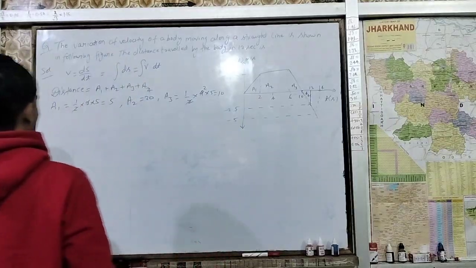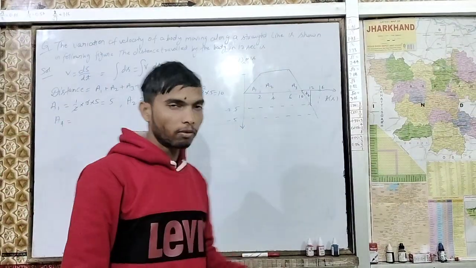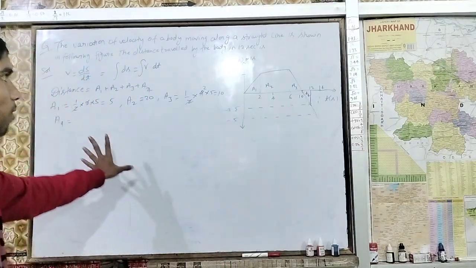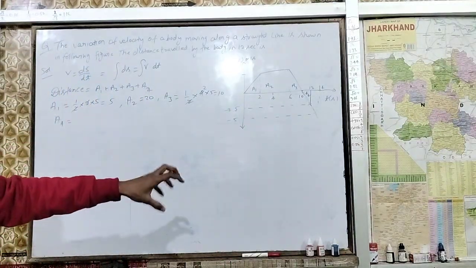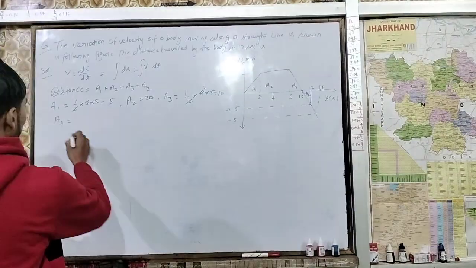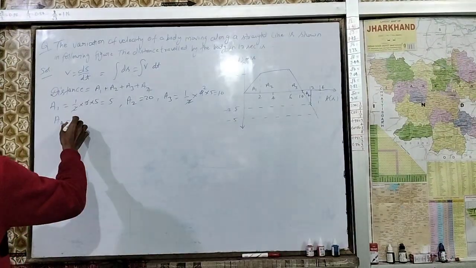A3 is a 10. A4 will be... We are calculating A1, A2, A3, A4. Then at the end we will take all this together. So A4 is again a triangle.